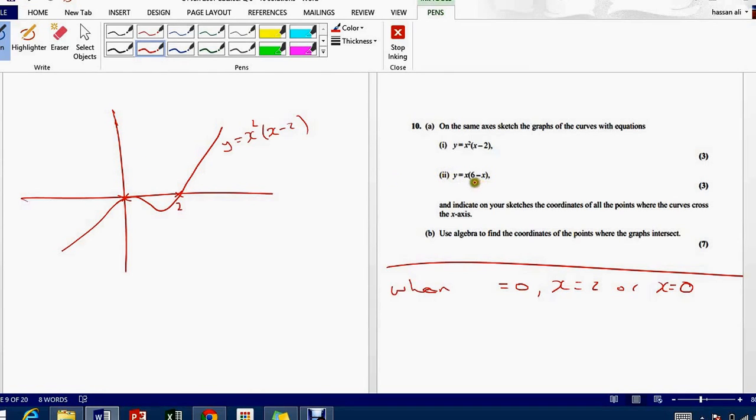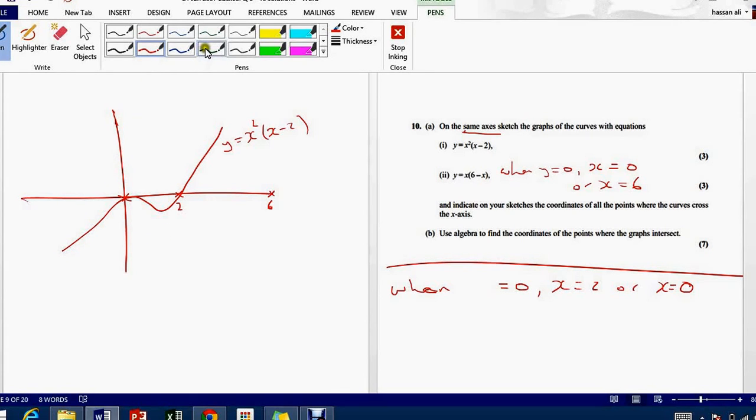Right, the next one is saying on the same axis, so make sure you read that, y equals x times 6 minus x. So now over here, when y is 0, x will equal 0, or x will equal 6. So again, you have the same point there, and let's call that 6 over there. So it looks like you'll be crossing here, touching this one here.